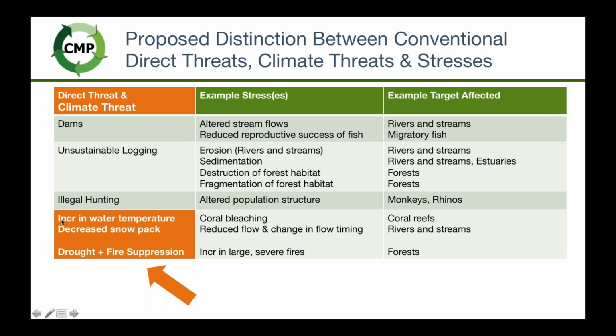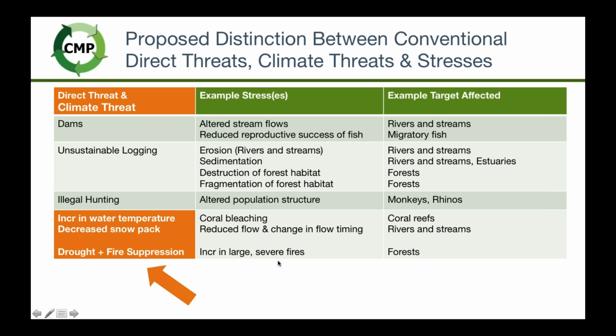category. For example, with this chain, with the coral reefs that are affected by coral bleaching, the increase in water temperature could be treated as a direct threat. For the rivers and streams that are affected by decreased snowpack that's reducing flow and changing the timing of flow, we can treat the decreased snowpack as a direct threat.